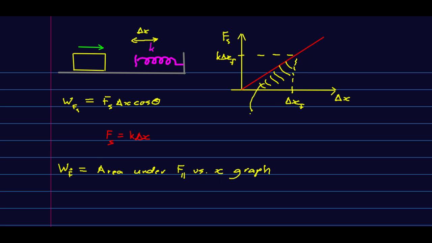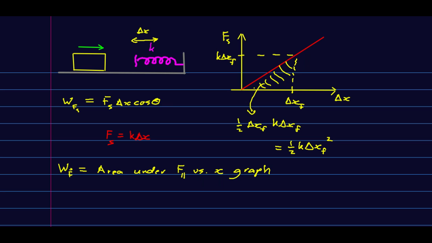And so this area is just going to be the area of a triangle, a half the base, which is delta x_f, and the height is k delta x_f, and so this all comes out to a half k delta x_f squared. And that's exactly what we already know as a spring potential energy. And so you see it comes out of this more precise definition of a work as an area under a force versus position graph.